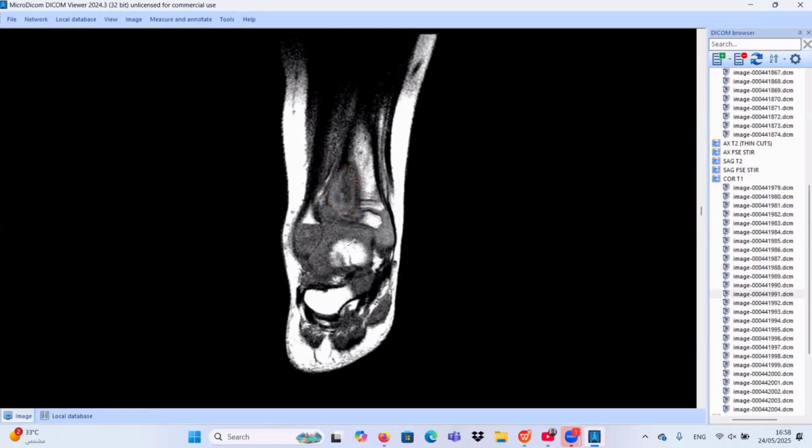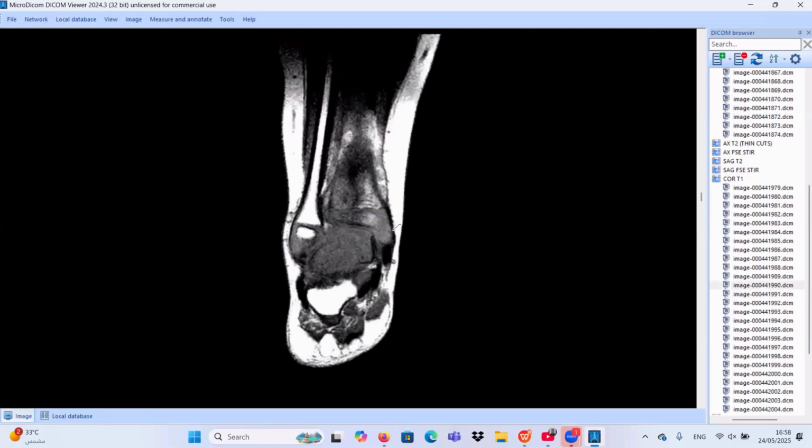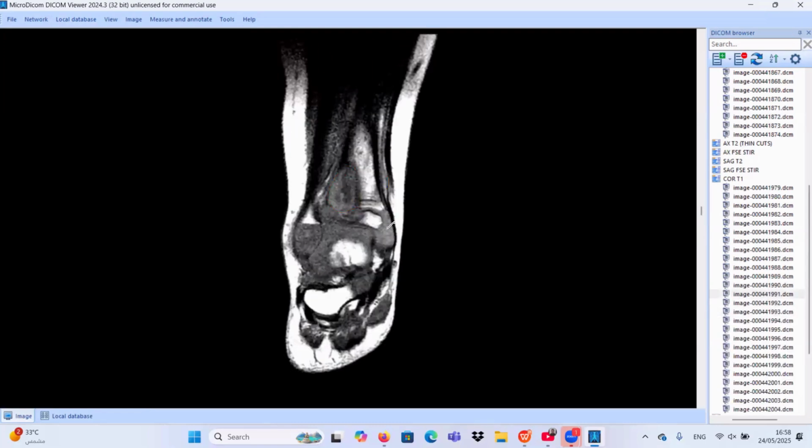So this bright signal is surrounding the low signal intensity of the lesion. If the margin of the lesion is displaying high signal intensity in T1-weighted image, this is called the penumbra sign, and you can see it in many cases of abscess formation anywhere. If you are suspecting abscess formation at any site, please concentrate on the T1 and search for the penumbra sign.